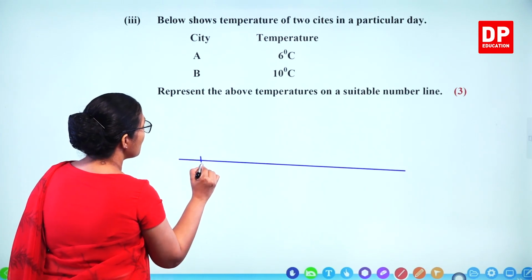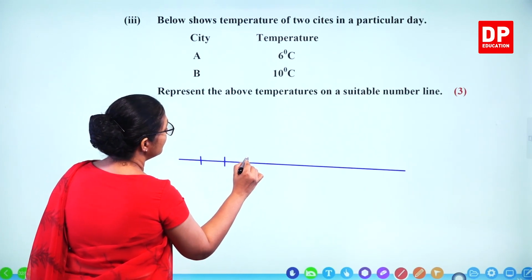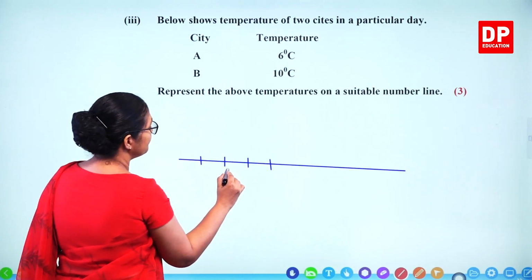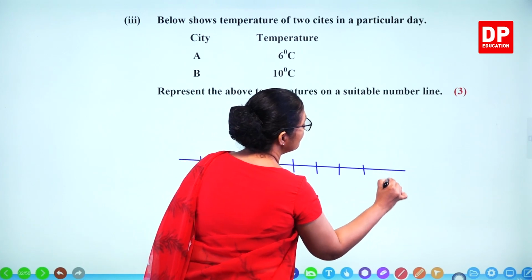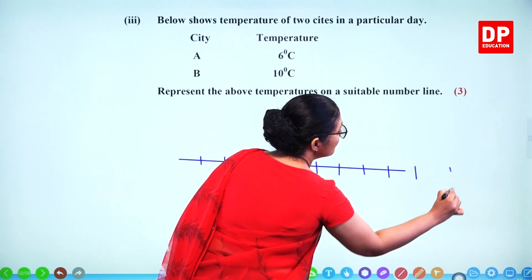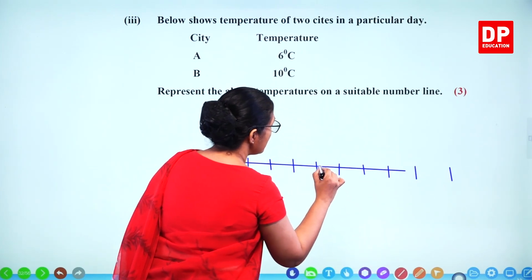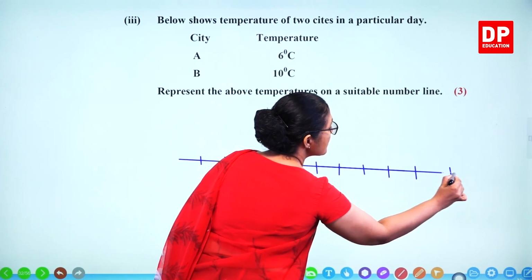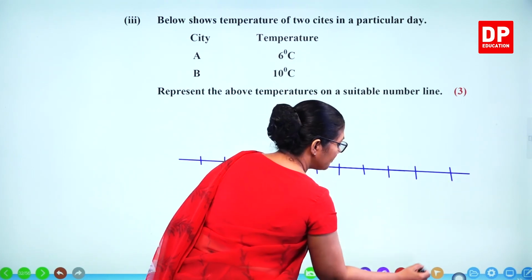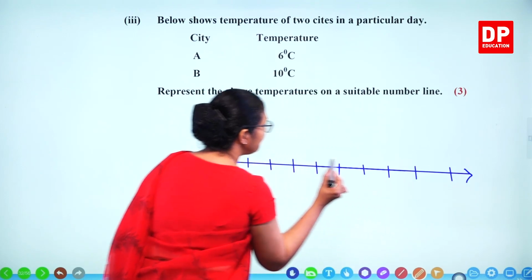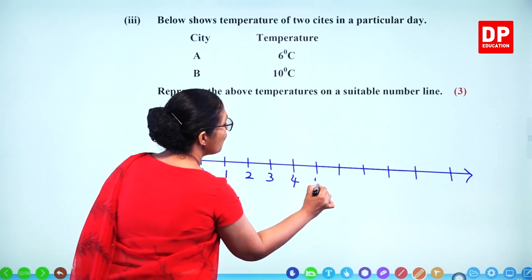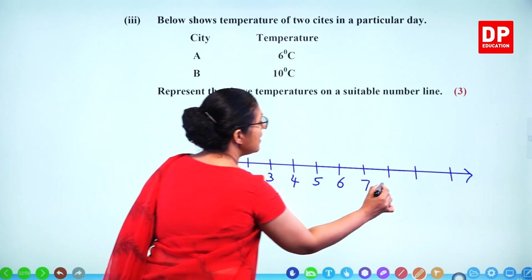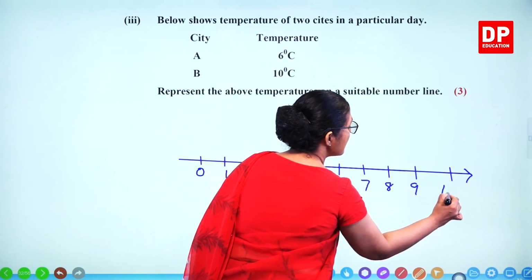So we'll start from here. We need 10. I'll extend this and put the arrow. 0, 1, 2, 3, 4, 5, 6, 7, 8, 9, 10.